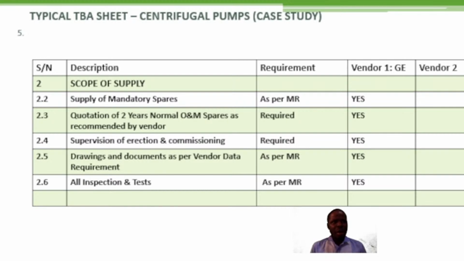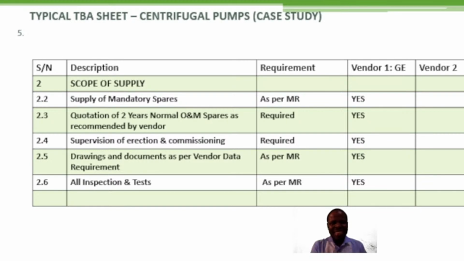So if a particular vendor meets all your requirements, if you have 2 or 3 out of 10 vendors that have supplied you enough data to carry out your technical evaluation, because after bid analysis you still have to do a thorough technical evaluation of the shortlisted vendors. So do you have enough data?